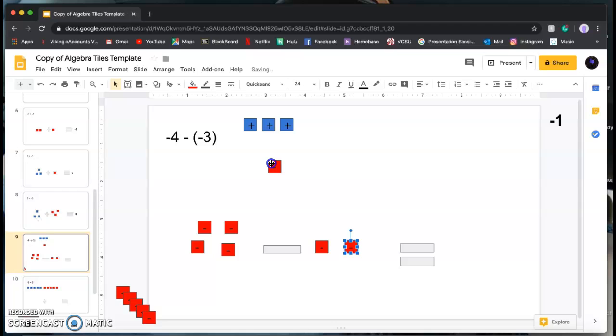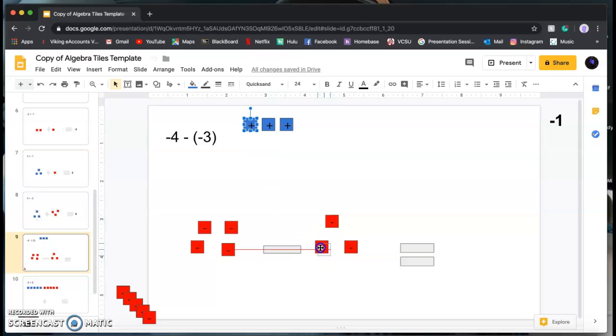So when you're subtracting negative numbers, the subtraction and the negative kind of cancel each other out. It would make it a positive. So instead of doing -4 minus -3, I could switch the sign to positive.